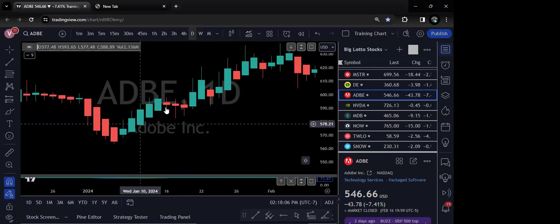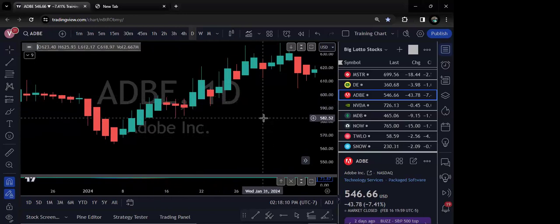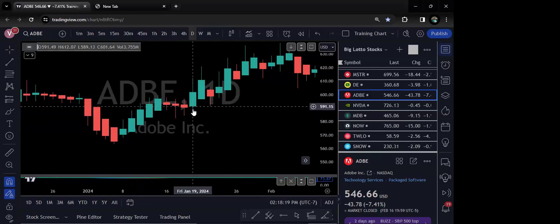What is the difference between this candle and this candle? This candle has a wick. Even if it's a tiny one, it's still an indecision candle.